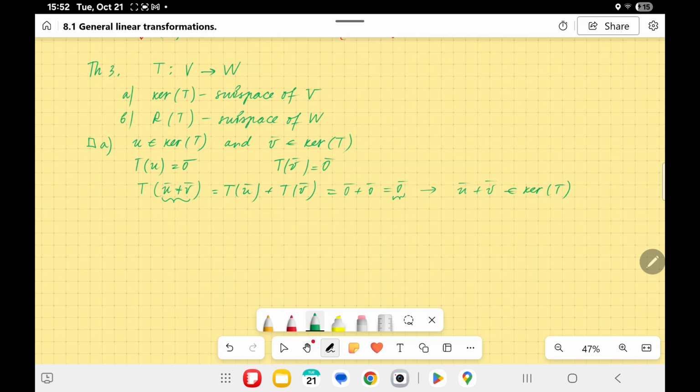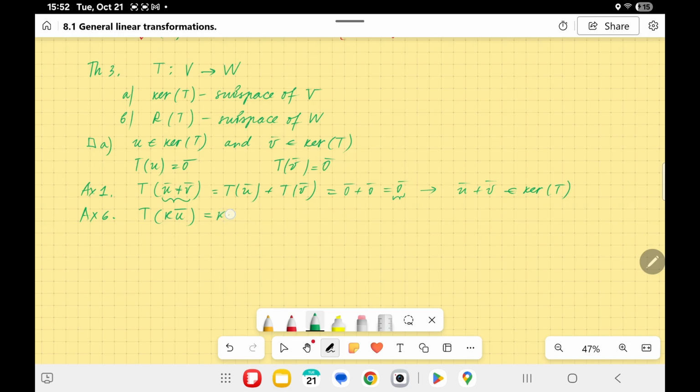The second axiom was the homogeneity axiom. This is additivity, this is homogeneity. Let's enumerate them better: let's call it axiom 1, and the next one axiom 2, that ku is going to belong to that subspace. If you multiply any scalar by your vector, the result is still belonging to that subspace. Let's check it.